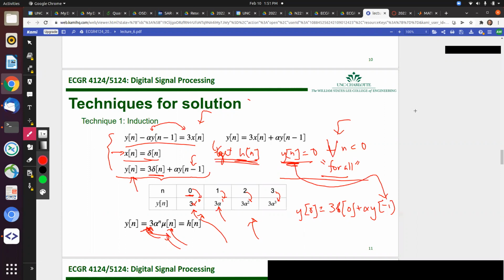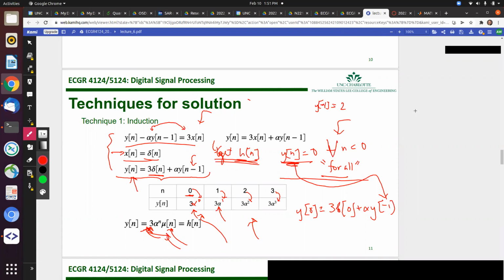So if I did something like y of -1 equals 2 as an initial condition, then at this point I would plug a 2 in there instead of a 0. Does that make sense? That would correspond to a system that is not at rest. So we are no longer calculating an impulse response. We're calculating a response to a system that's already been excited, so it's no longer a natural response.